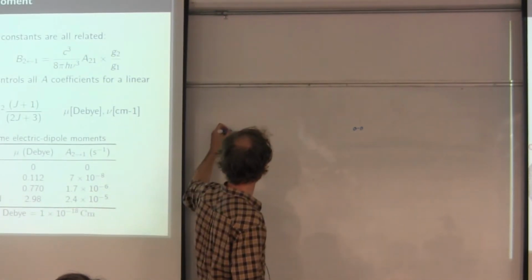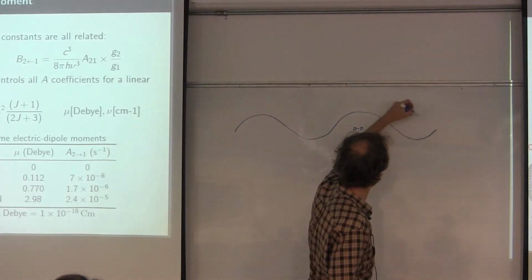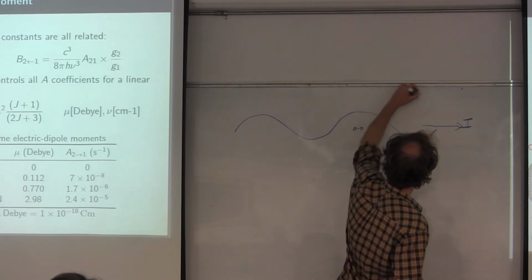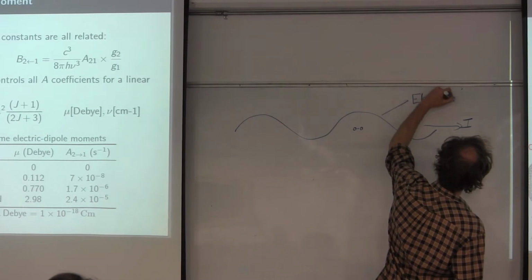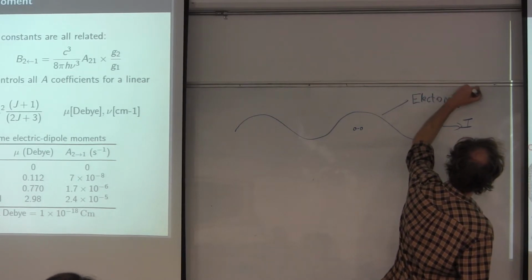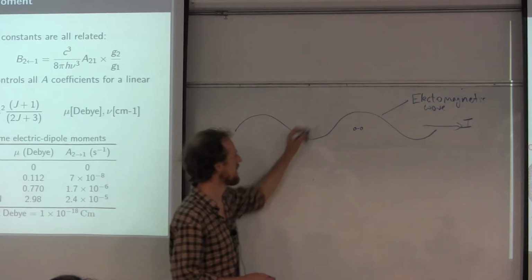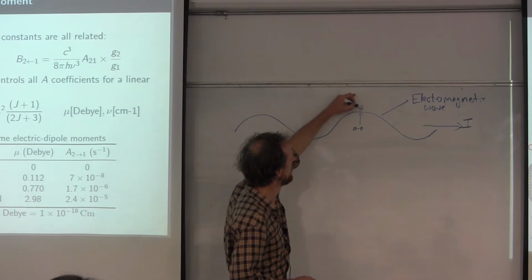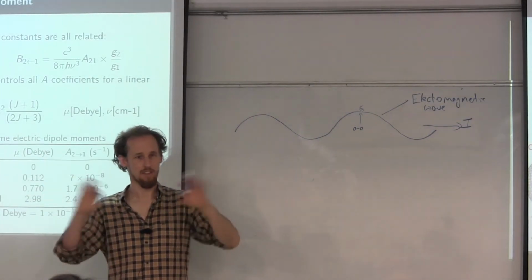And if you draw the radiation as an electromagnetic wave, what that means is that at this point, there's an electric field produced by this electromagnetic wave of the radiation that's around the molecule.